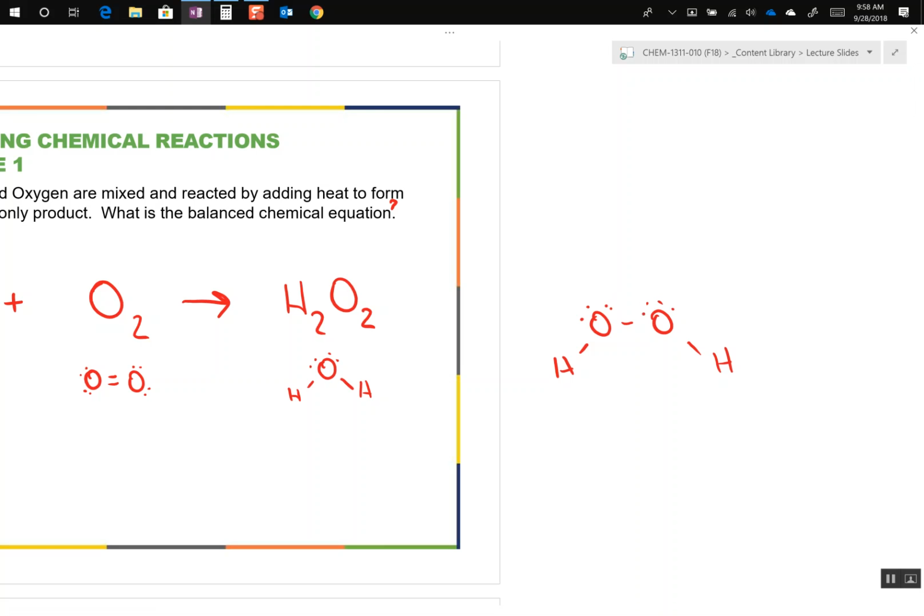Water plus oxygen might produce hydrogen peroxide, but hydrogen and oxygen reacting don't produce hydrogen peroxide. So I can't do that. I cannot change the subscripts. Why? Because the subscripts identify what the molecule is. So once I've identified what molecule I'm creating, I can't just manipulate subscripts.